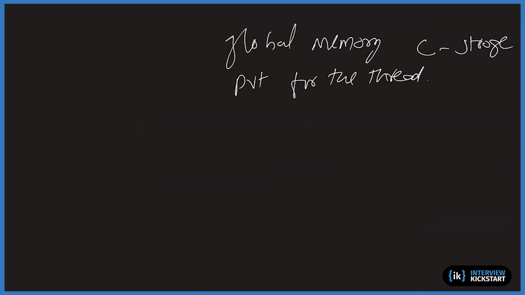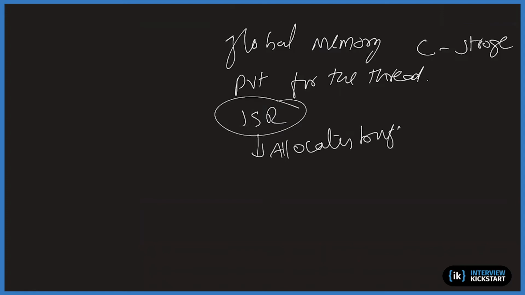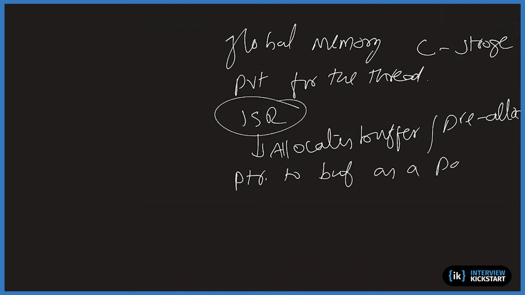So for example, you have the ISR. It allocates a buffer, or it just writes to a pre-allocated buffer, and then sends the pointer to the buffer as a parameter of the event.